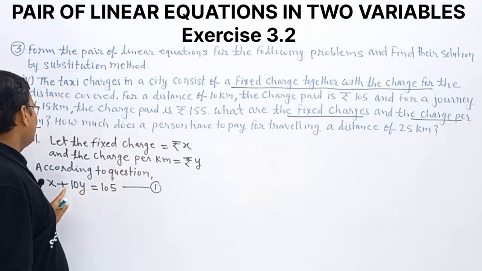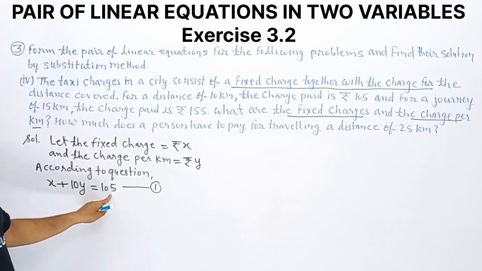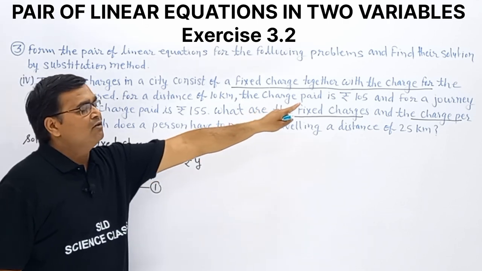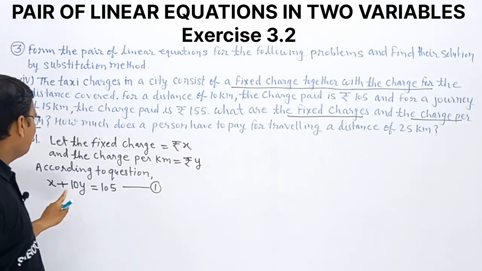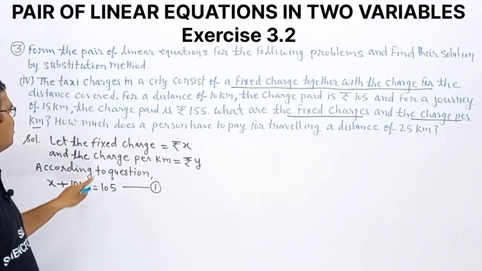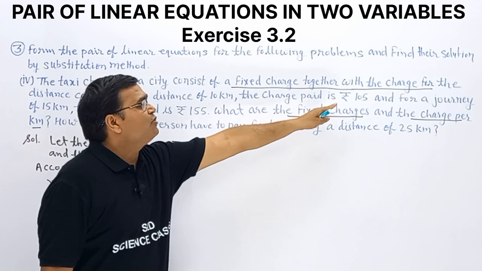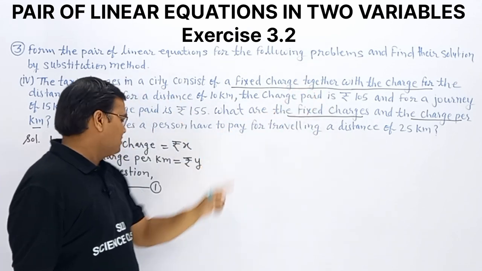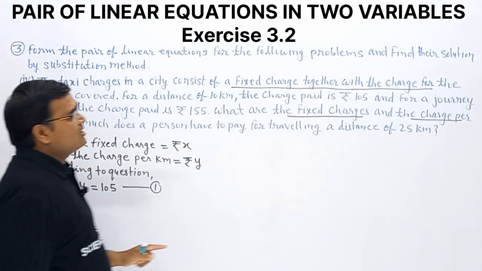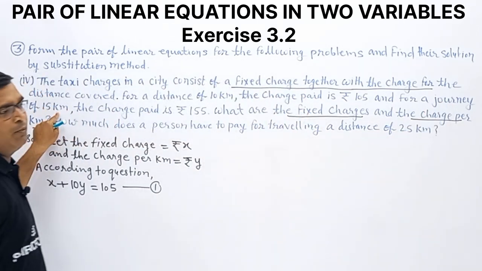We assumed the fixed charge is x and the charge per kilometer is y. So for 10 kilometers the charge is 10y, and x plus 10y together is 105 paid. Clear?